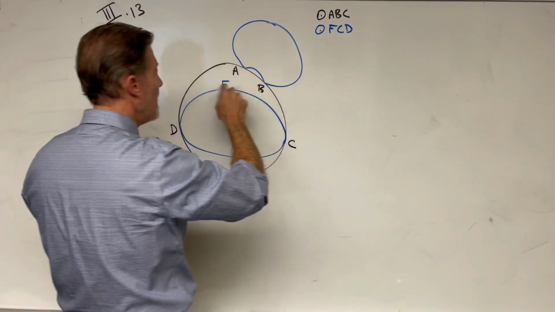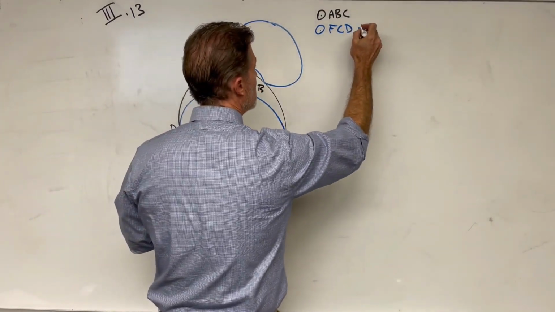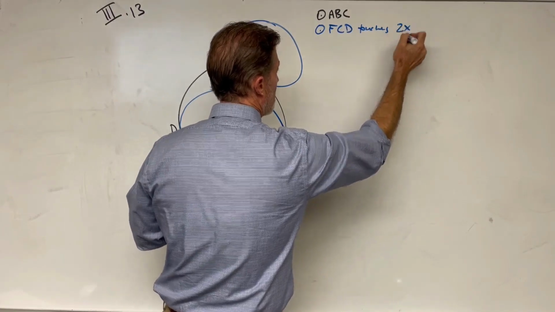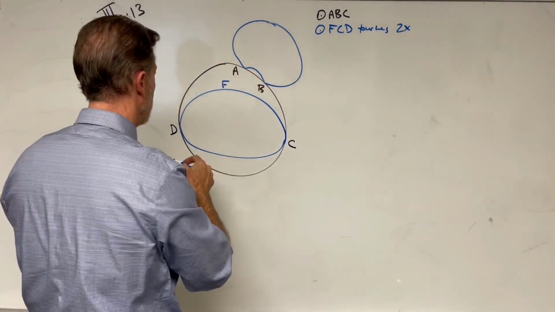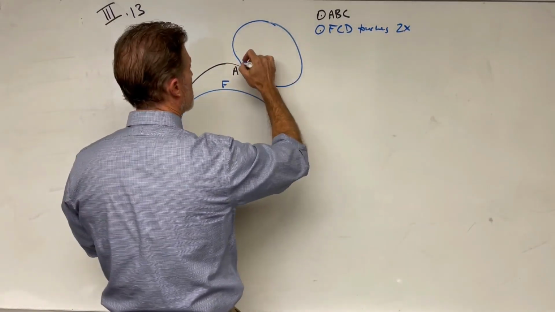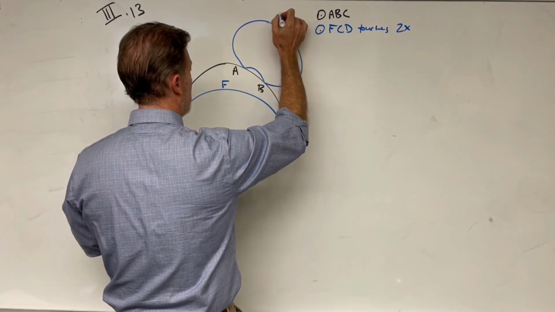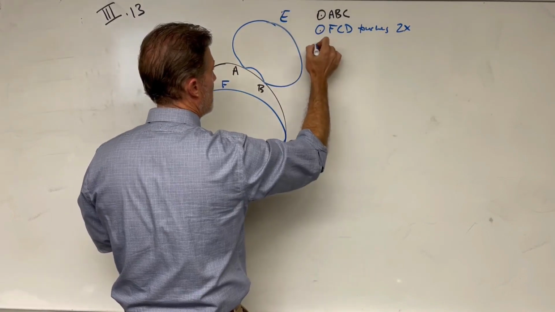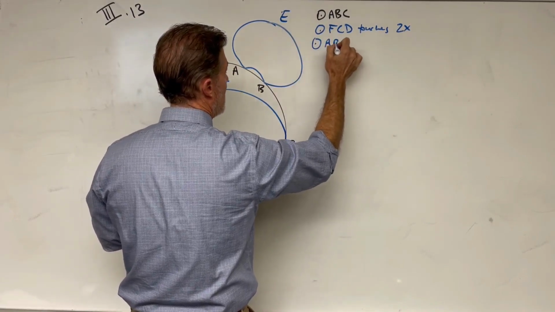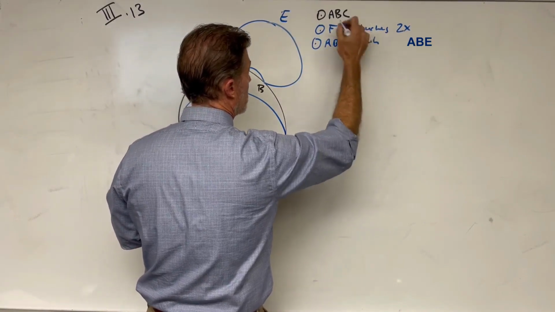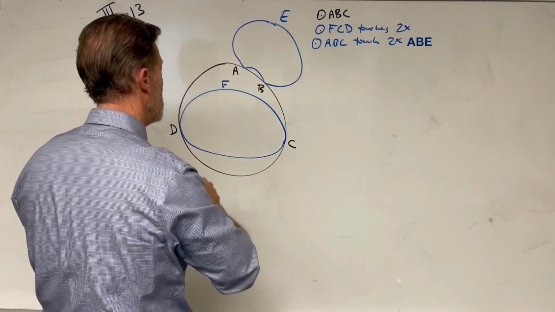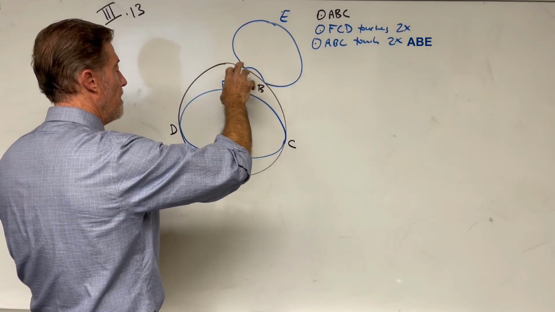It's given that circle FCD touches circle ABC more than once, so at least twice. And we also have another circle, let's call this one ABE. So we have circle ABE that touches circle ABC, again, more than once. We're going to show that this is impossible.